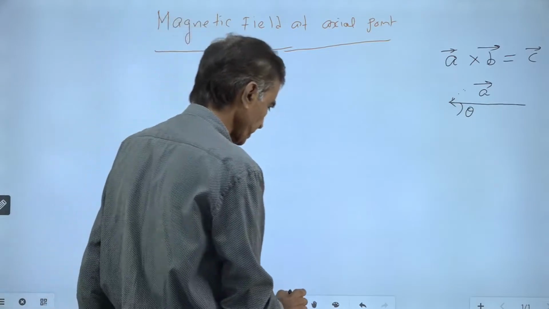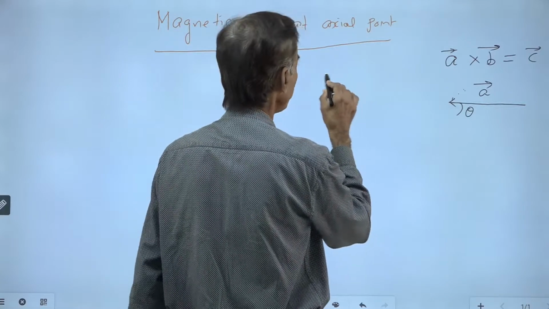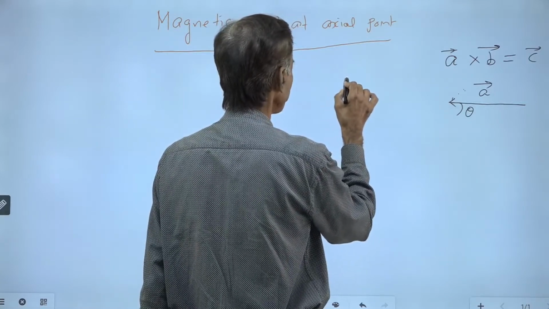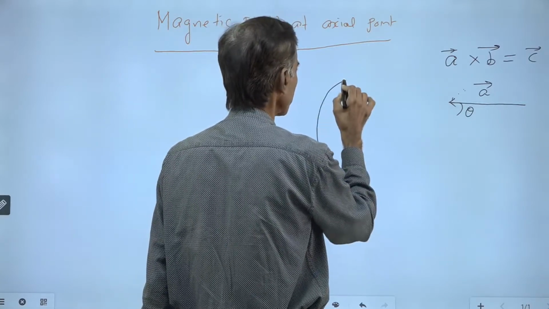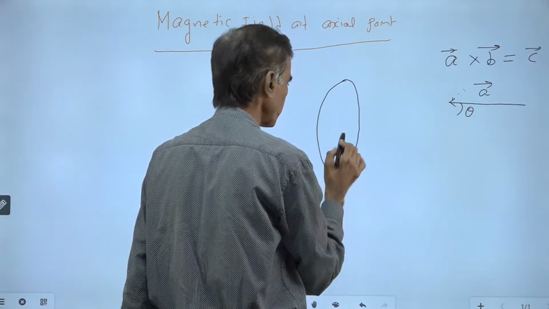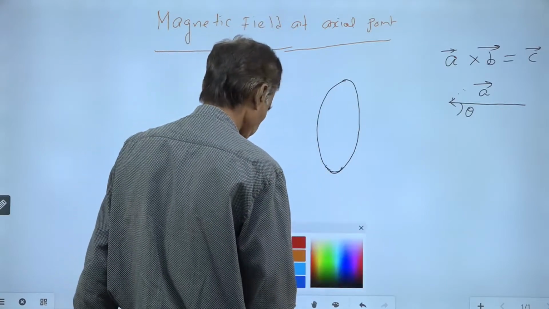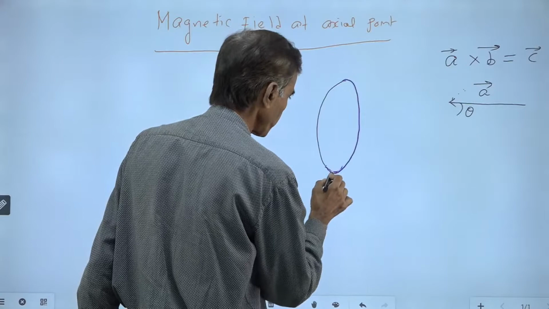So we are taking one current carrying loop. So this is our current carrying loop, right? So this is the loop.